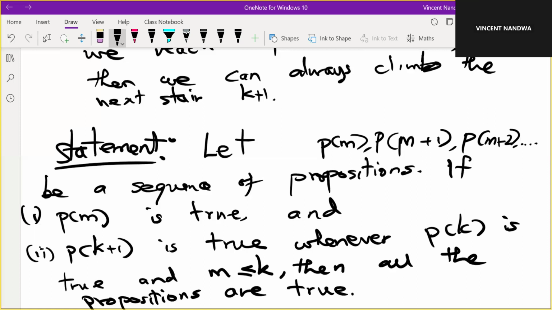So this is actually the principle of infinite mathematical induction.